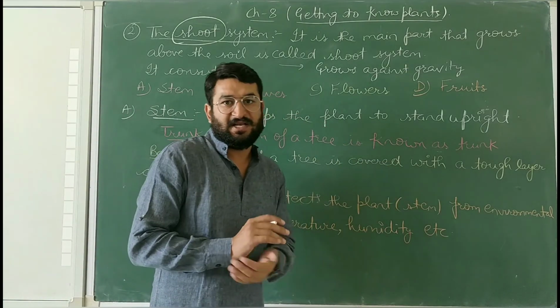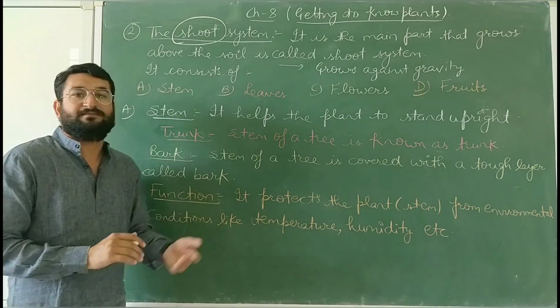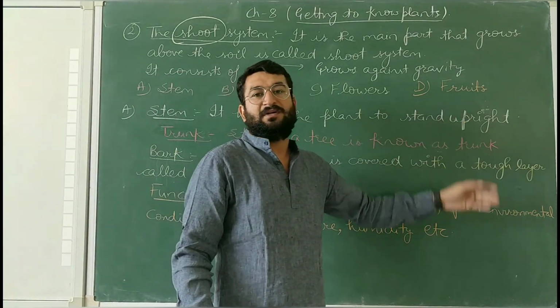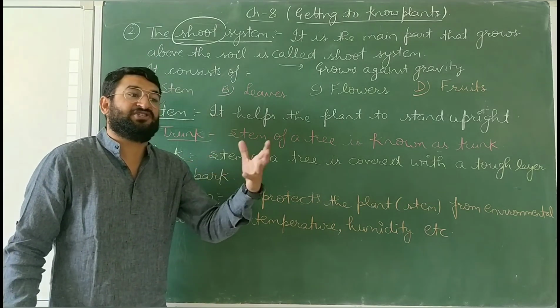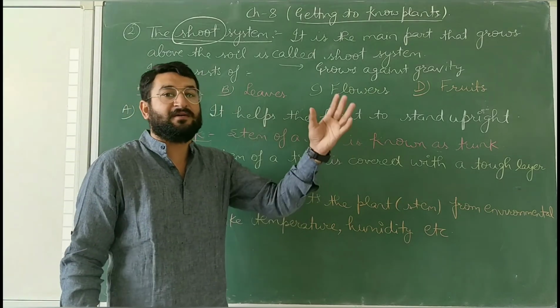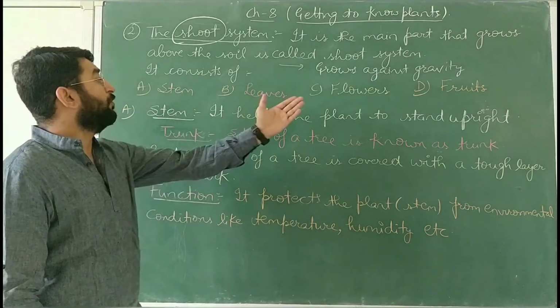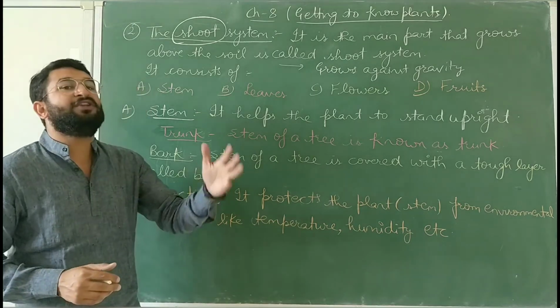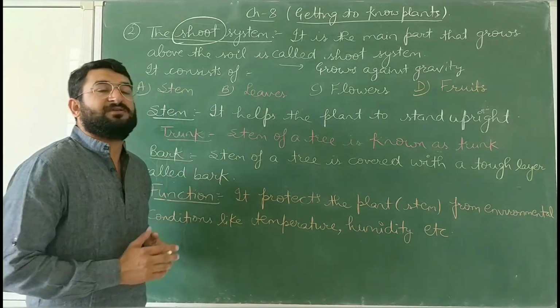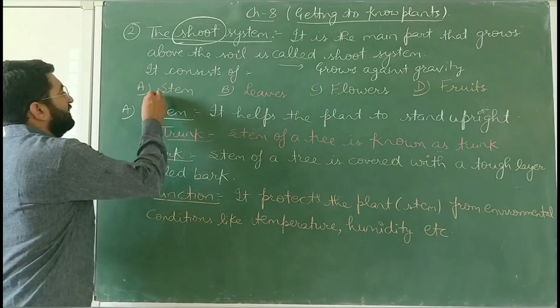Third, flowers, which help in reproduction, and fourth, fruits, which is a product formed after fertilization, after reproduction of seed. So these are the 4 parts which we are going to study one by one in our further videos in the shoot system. So first we will discuss stem.